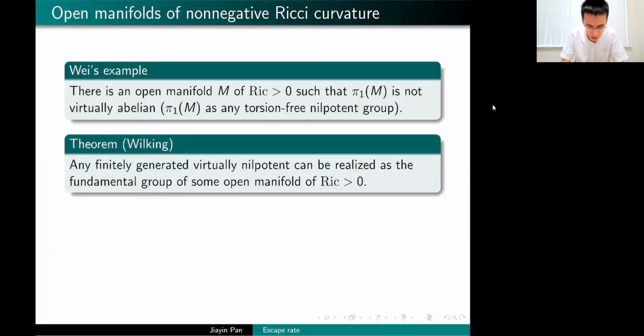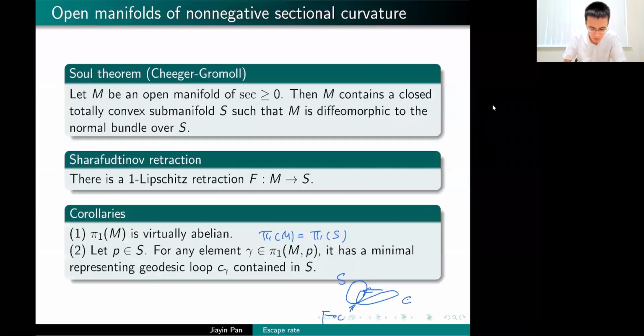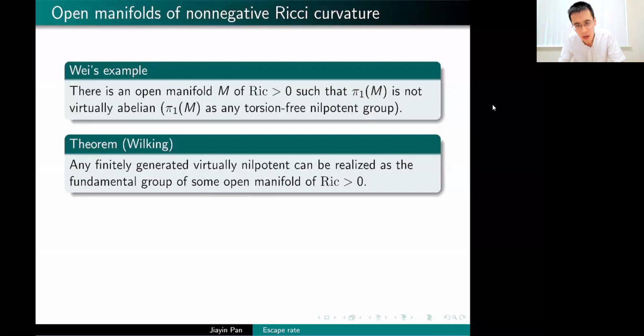Okay, so now we move on to open manifolds of non-negative Ricci curvature. We'll see that it's quite distinct from the case of non-negative sectional curvature. We mentioned before that with non-negative sectional curvature, you have a virtually abelian fundamental group, while for non-negative Ricci curvature, it's possible that the fundamental group is not virtually abelian.